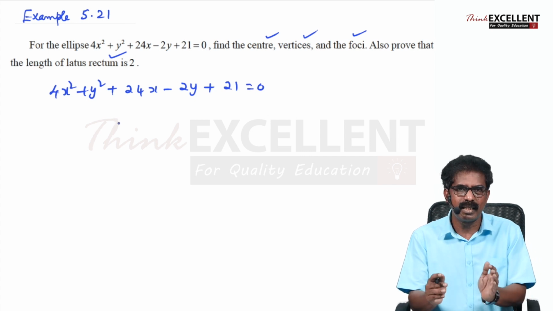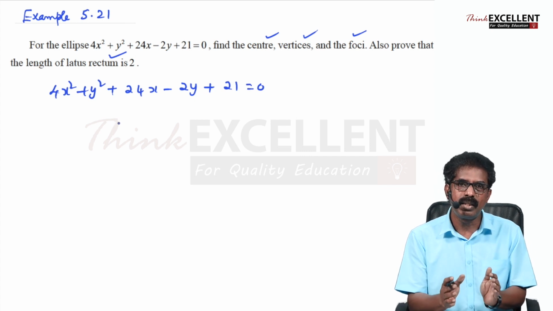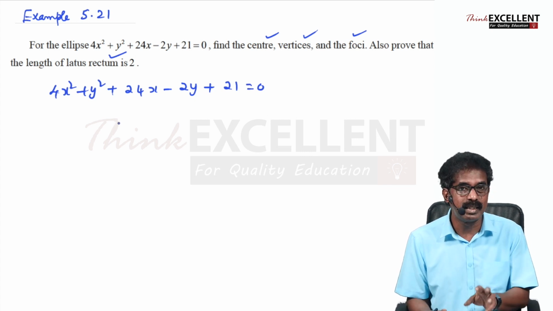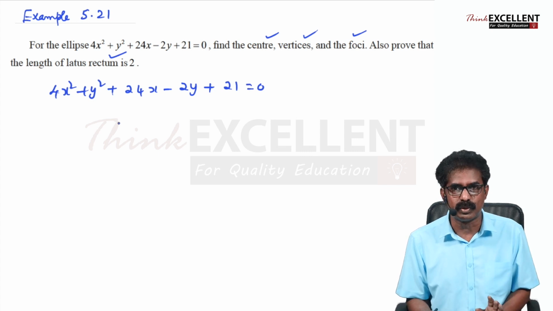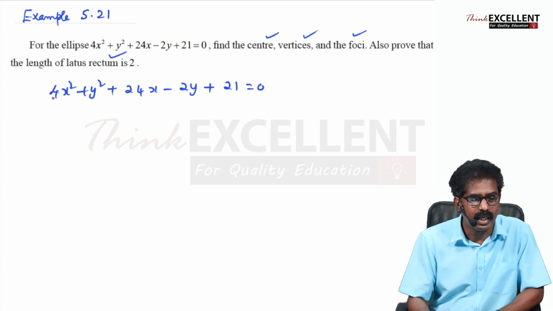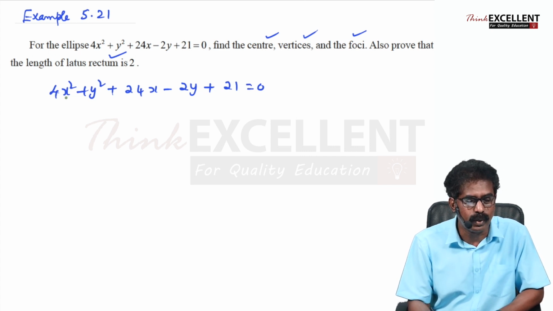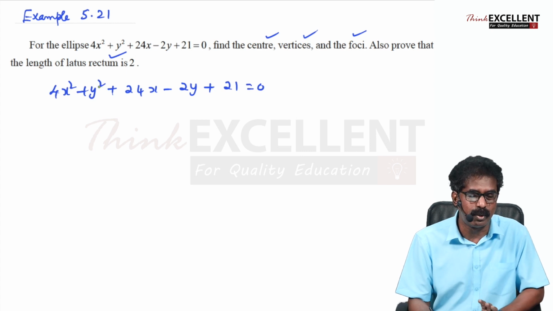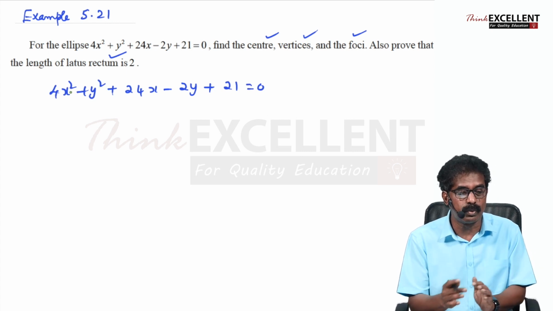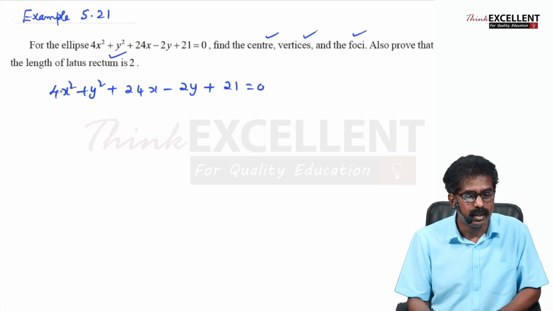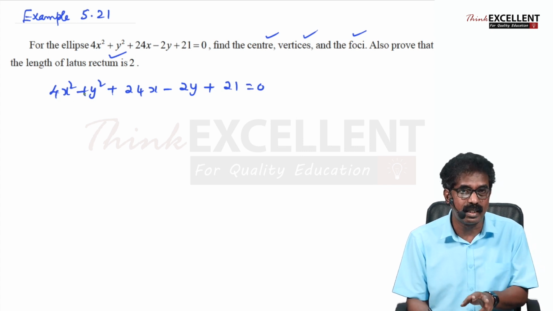Same type only. Only thing what I want to teach you now is how to reduce it into standard form. Once it is in standard form, we already did a few sums, we can do that. Okay, so it is an ellipse, as given in the question. Also you know x square, y square, so it is not a parabola. In between x square and y square, the sign is plus, so it is an ellipse. 4x square and 1y square, coefficients are different.